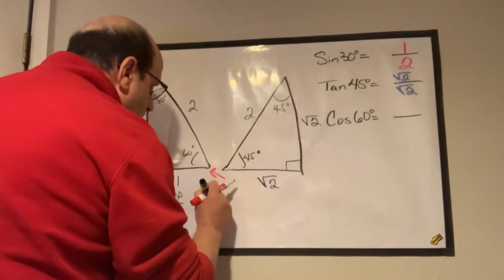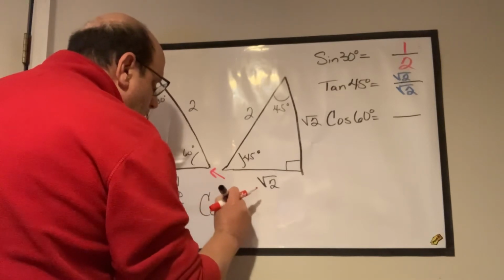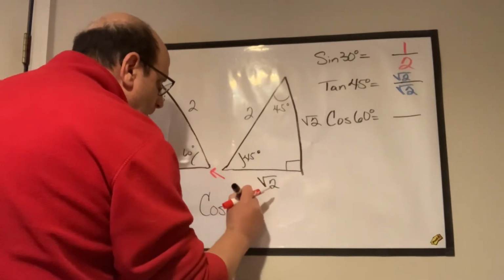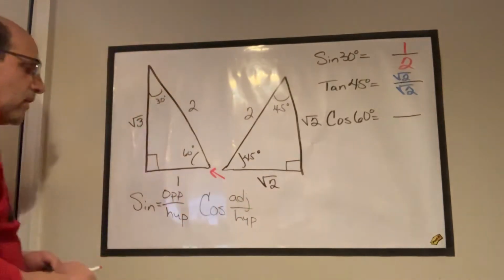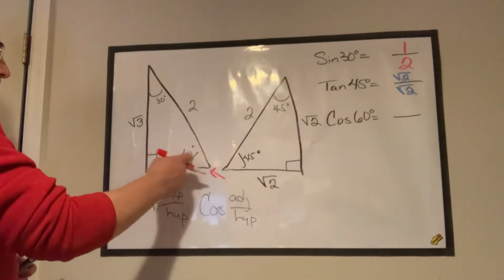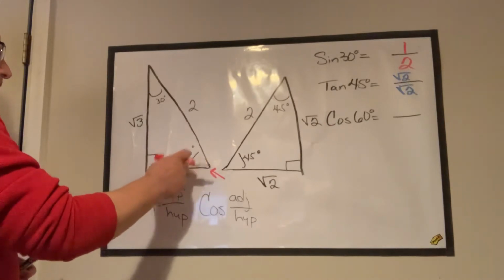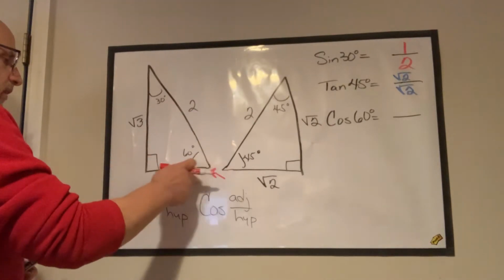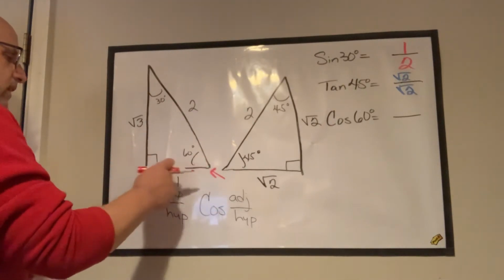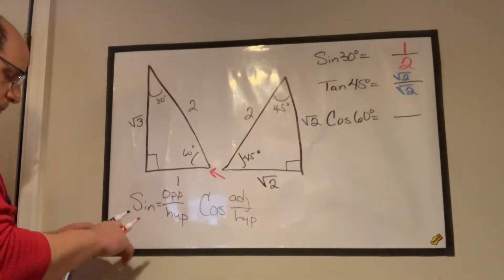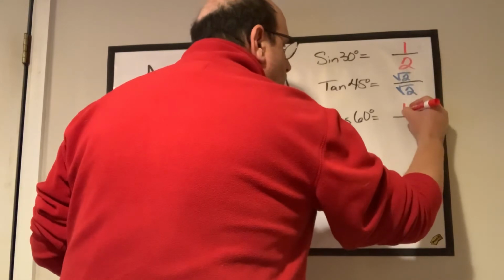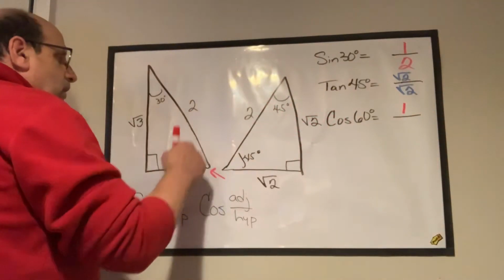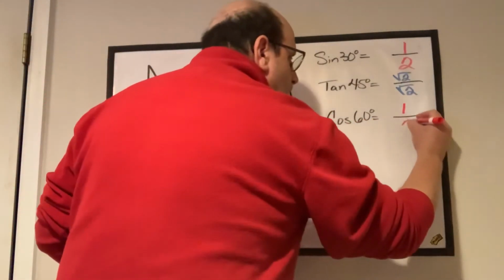Well, cosine, we remember, is the adjacent side divided by the hypotenuse. The length of the adjacent side, which is right next to that arrow, right? That isn't the hypotenuse. The length, oh, if that isn't a 1 as well. Okay. Well, the cosine of 60 is 1 over the hypotenuse of 2.